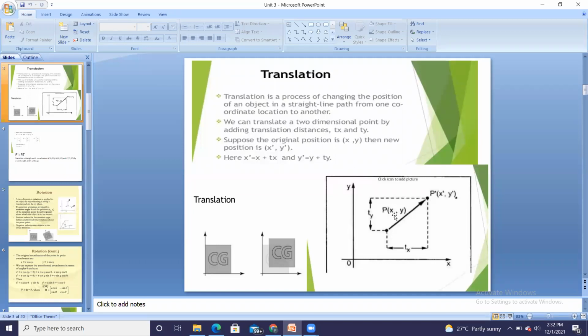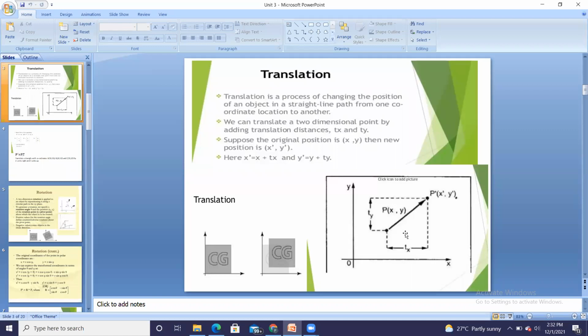So earlier coordinate x, y will become x dash, y dash, where x dash and x have a relation between them, and that is nothing but the translation factor along x-axis. So when we add x and tx, we get x dash. Similarly, when we add y and ty, we get y dash.